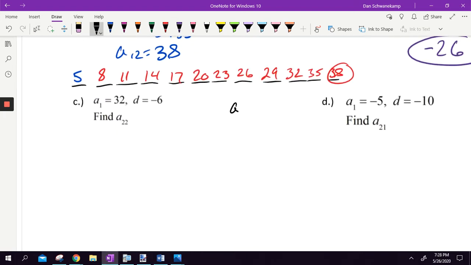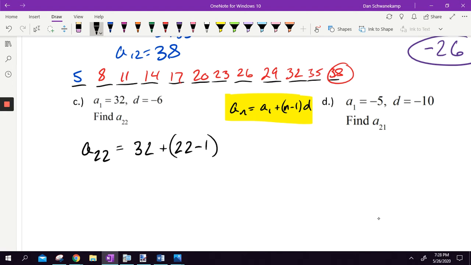So I'm just going to write out that formula again so you see it. All right, so this is my formula. I want to find the 22nd term. And this one's easy. A sub 1, that's 32, plus n, which is 22, minus 1, times my d. 32 plus 21 times negative 6.